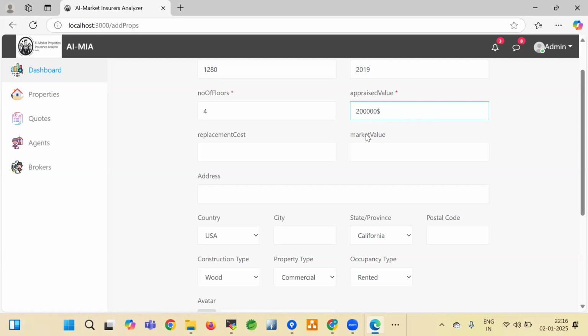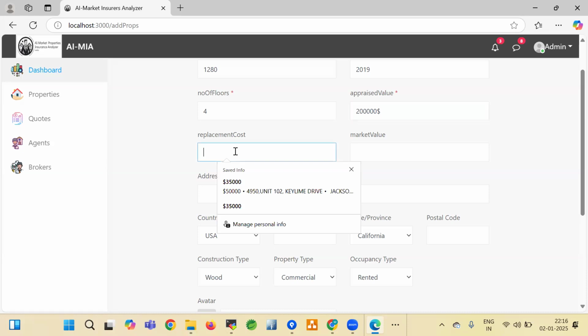$2 lakh is the priced value, and the replacement cost may be $2,50,000.